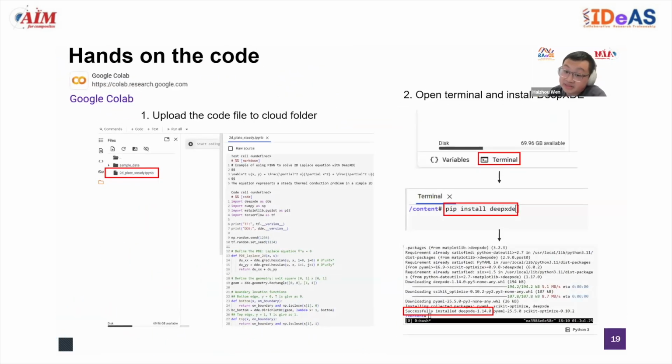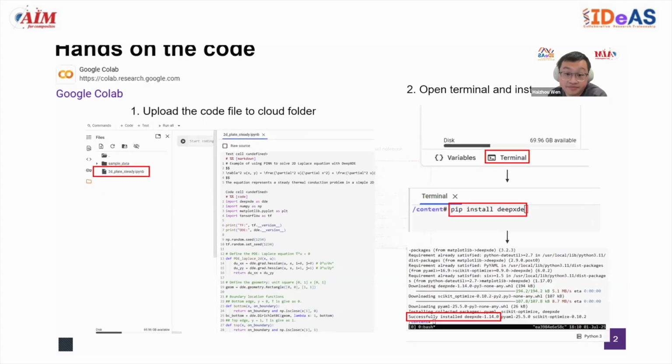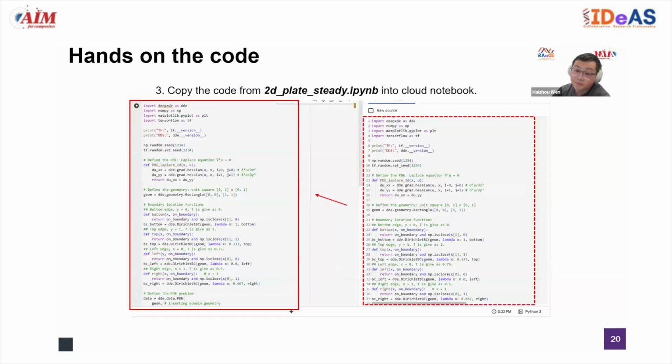So the coding part is basically the same as the previous ODE case. We upload the code file to the content folder and install the DeepXDE package. Then we do exactly the same steps, like copying the code from the 2D Laplace steady notebook to the notebook that we just created.